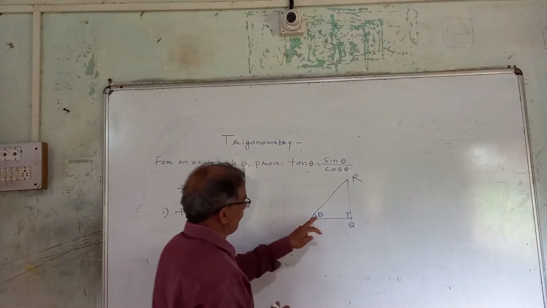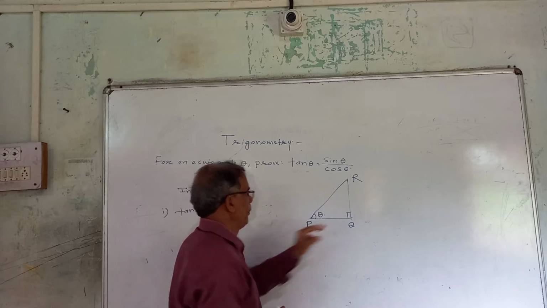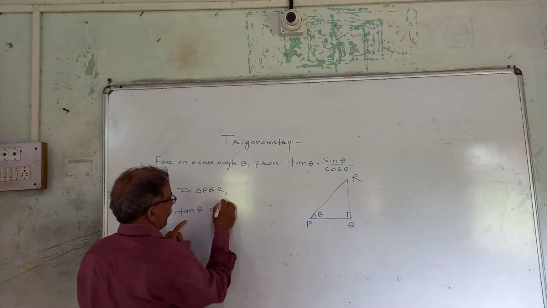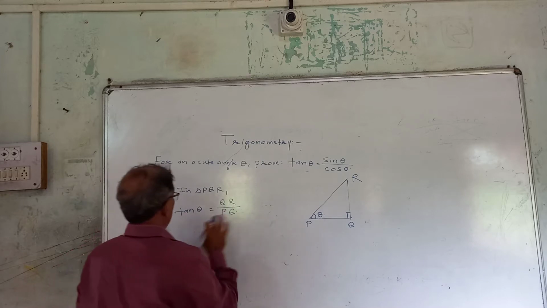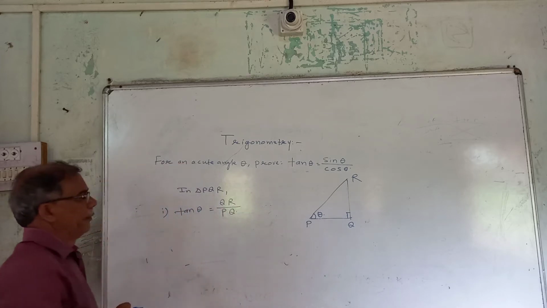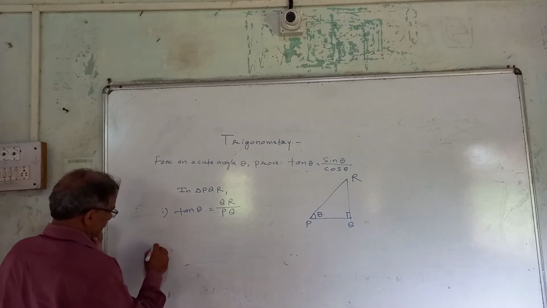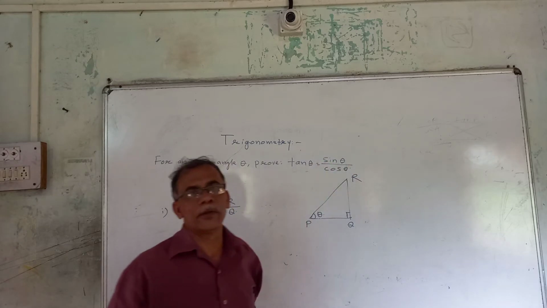So for this angle, which is the opposite side? QR. Which is adjacent? PQ. So tan theta is equal to QR upon PQ. Isn't it?